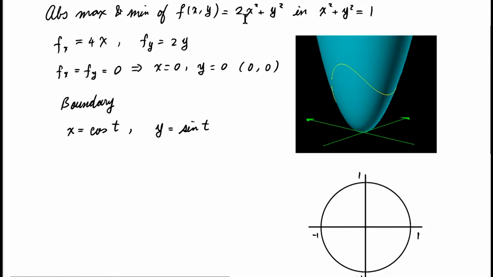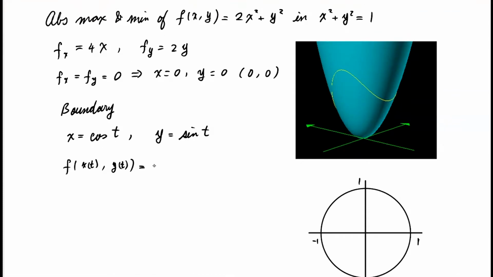So instead of x and y, I am changing all of this to a single variable function of t. So our f of x, which is a function of t now, and y, which is a function of t, will become 2x squared plus y squared, so we have 2 cosine squared t plus sine squared t. How about that? Good? Say yes.